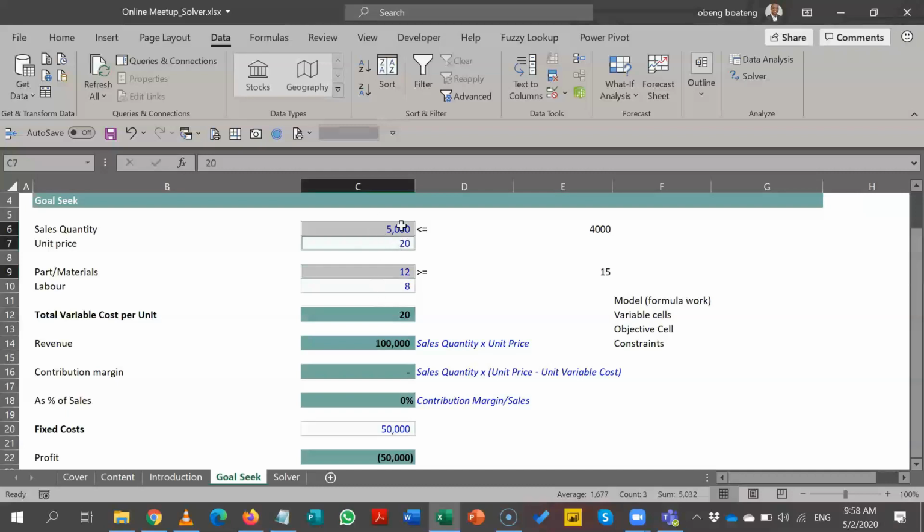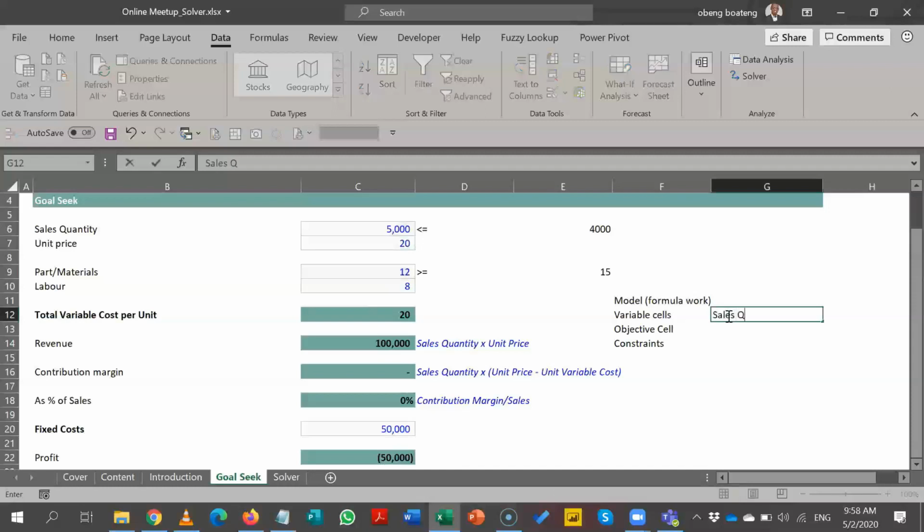These are the 3 variable cells that need to change in order to give me 0. Okay, so my sales quantity, my price, and my materials are my variable cells.